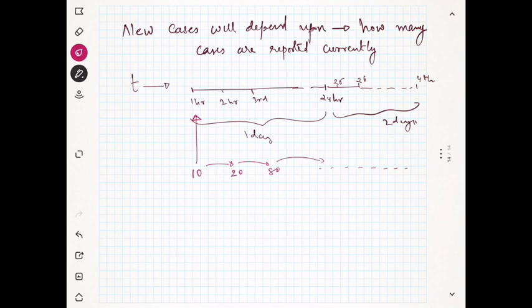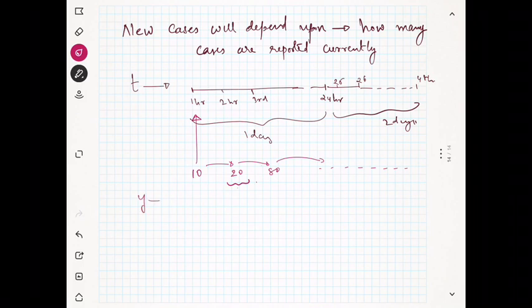Suppose these people are not traveling, or if they are isolated, then we can reduce the spreading. Now what I am going to talk about is the rate of change, that is how fast it is growing.